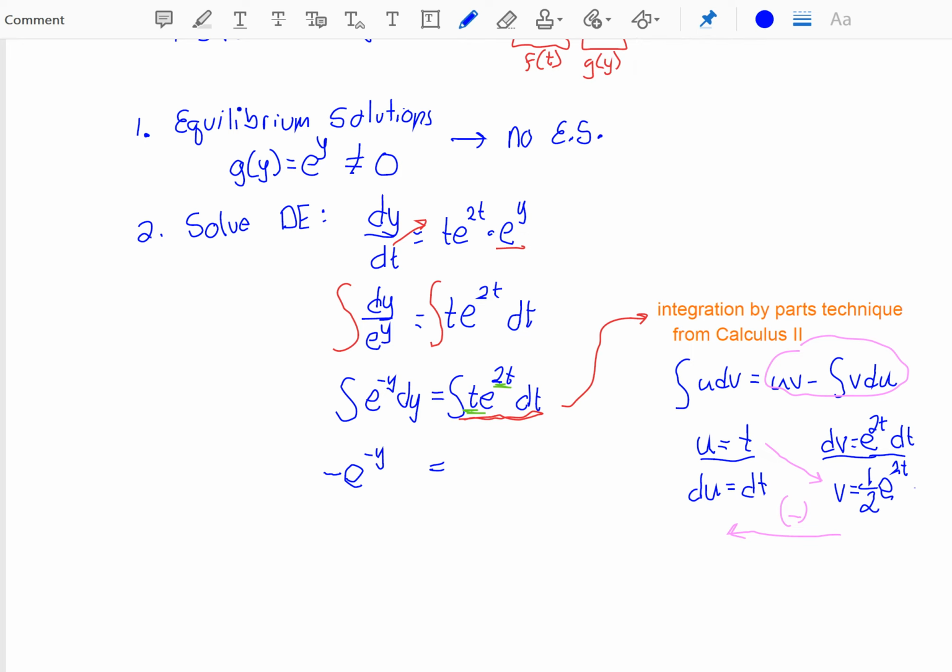What that tells us is that this integral t e to the 2t can be written as t over 2, this is the u times the v, times e to the 2t, minus the integral, that's the minus, of this v times this du, 1/2 e to the 2t dt.